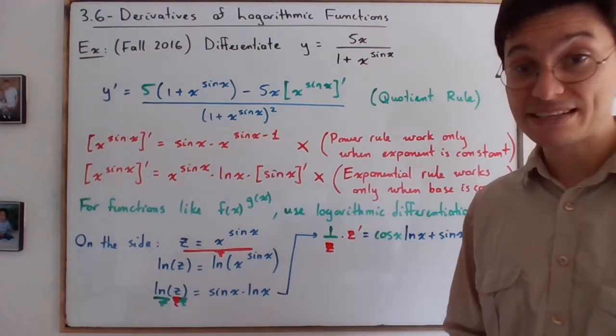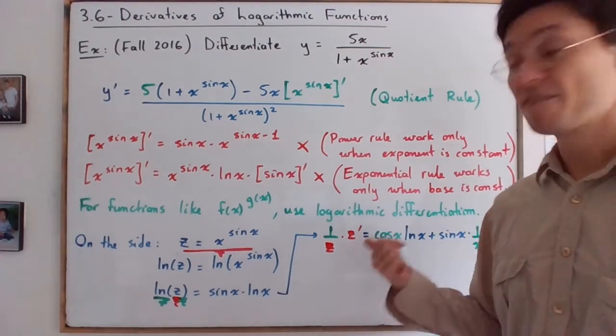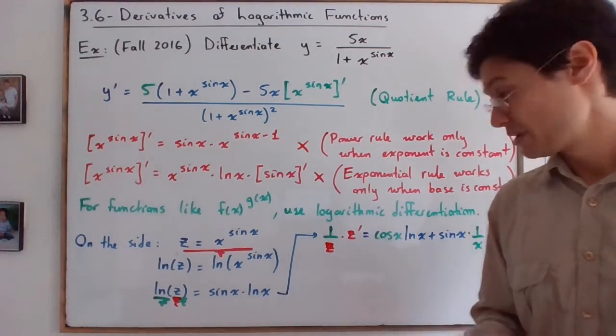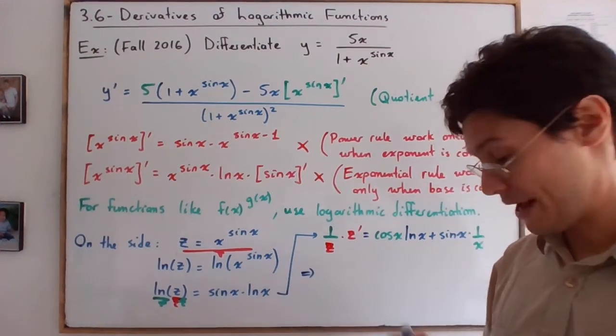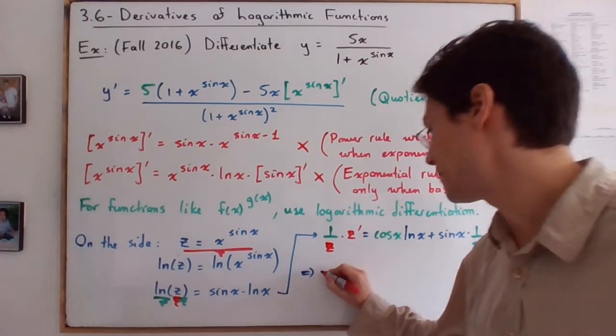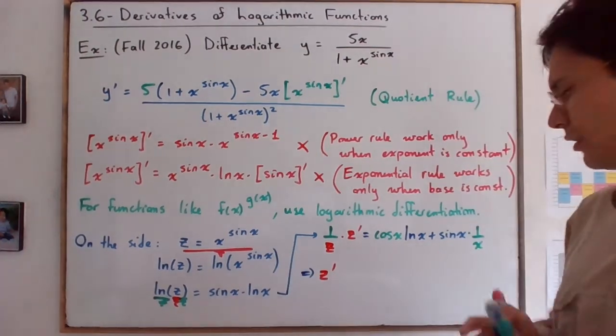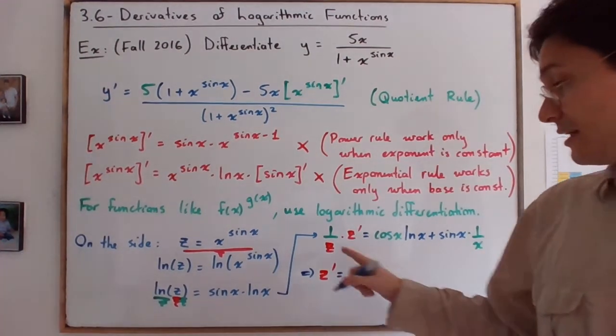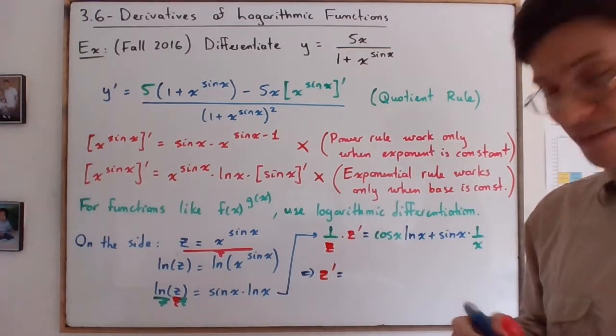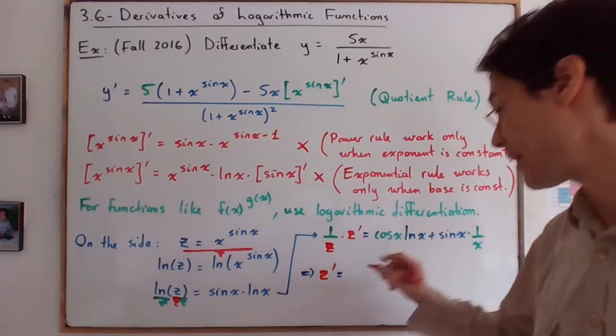Now, obviously from there, you solve for z prime. So in other words, what you have is that z prime. So let's keep the color code because I do want to draw your attention to something. As we send z to the other side, we're going to replace it by what it is.